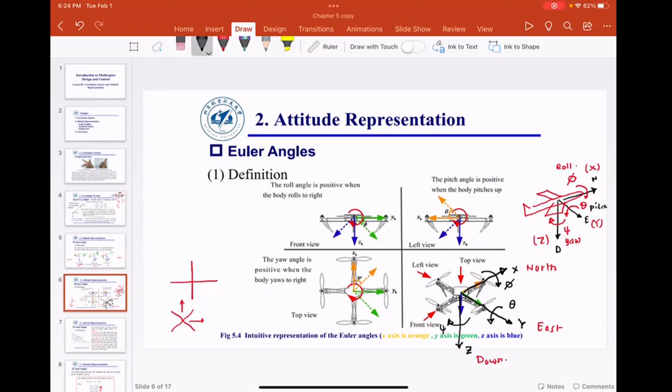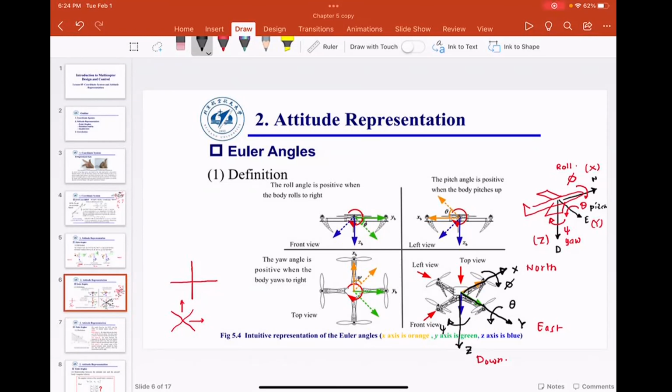Everyone understood this? Now this sequence is very important, because how are we going to control the roll and pitch of the quadcopters? We only have control over the motor speeds. Two motors are going to rotate in clockwise direction, two motors are going to rotate in counterclockwise direction.